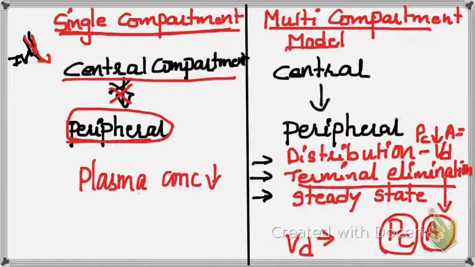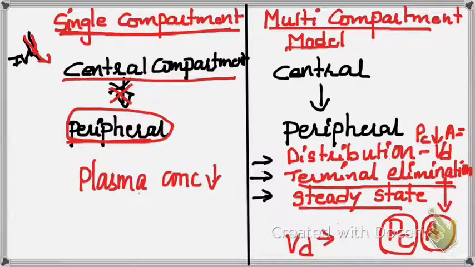Between the distribution phase and the terminal elimination phase, there exists a phase which is called steady state. This is the transition point where there exists a dynamic equilibrium of a drug throughout the body. In this steady state, there is no net flux of drug between the central and peripheral compartments because the drug exists in equilibrium.